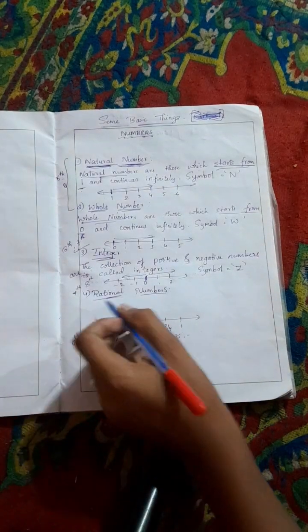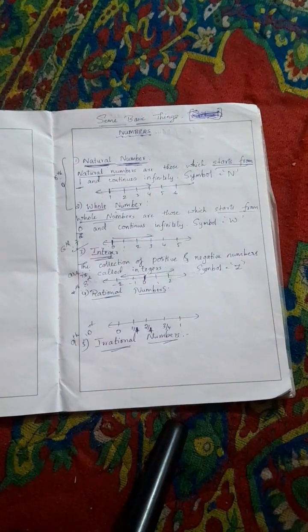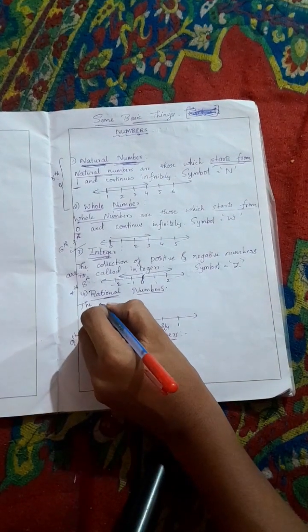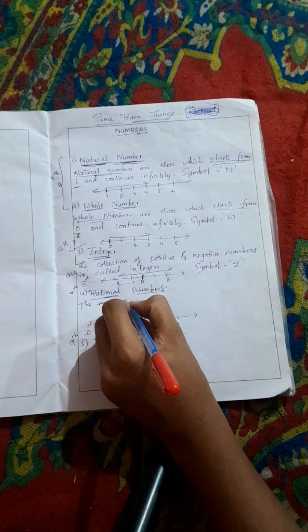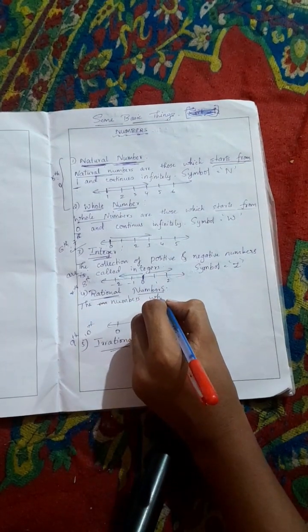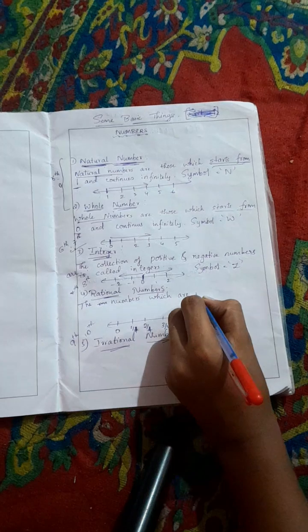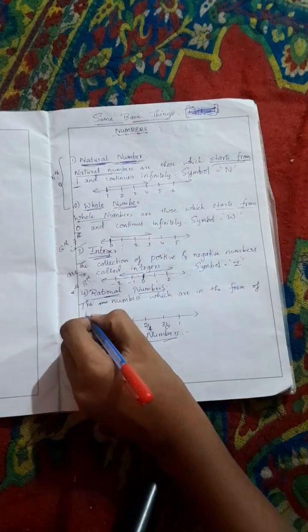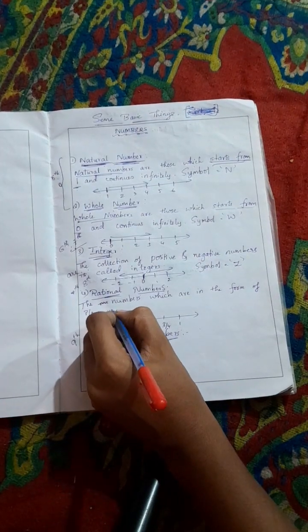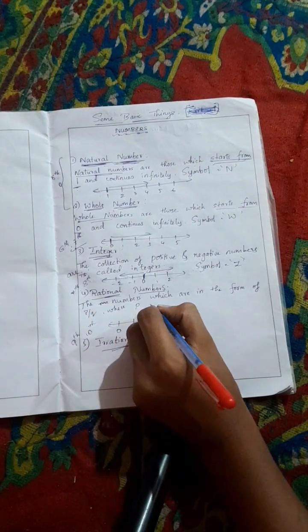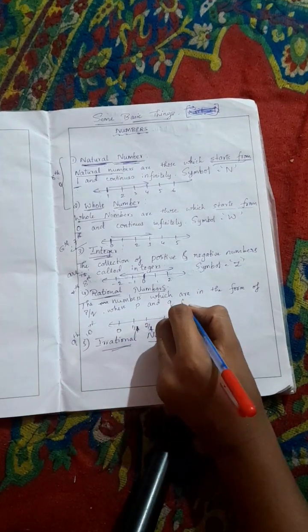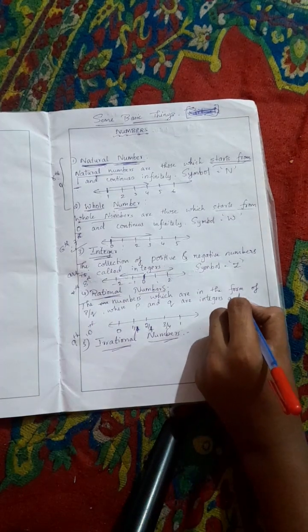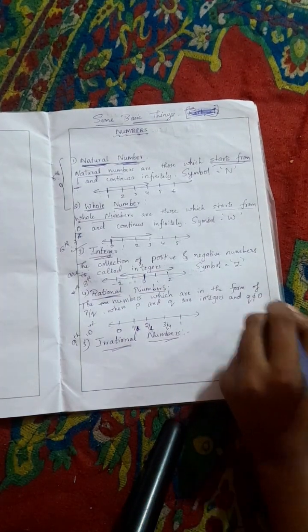In rational numbers, the definition is as follows. The numbers which are in the form of P by Q, where P and Q are integers and Q is not equal to 0.